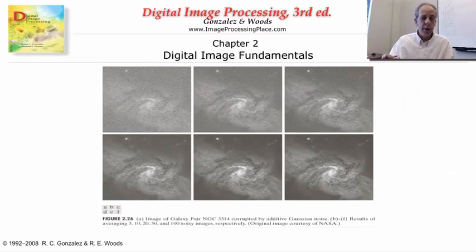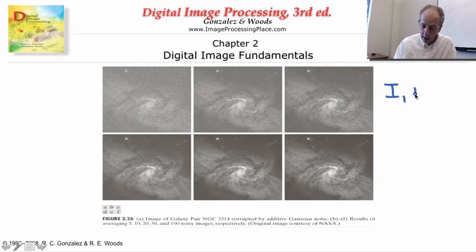So neighborhoods are important. But now that we have two-dimensional arrays, we can do simple operations between two-dimensional arrays. For example, we can add them. Remember, if I look at this image, every point here has a value. So I can take that image and add it to a second image. So I can take image 1 and add it to image 2.